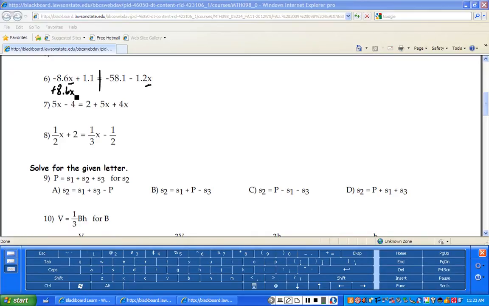8.6x. Add 8.6x to both sides. Okay. And so when I do that, cancels on this side, left with the 1.1, equal sign, still have my negative 58.1.